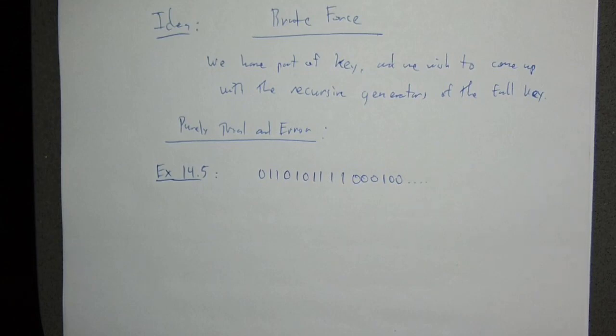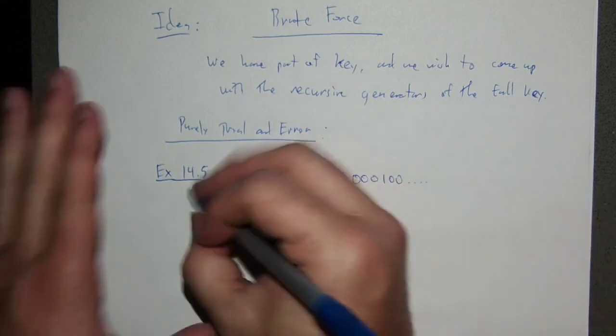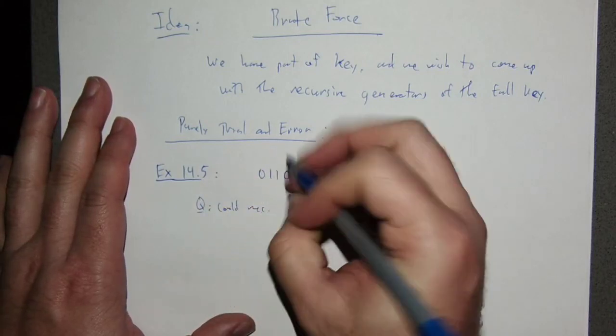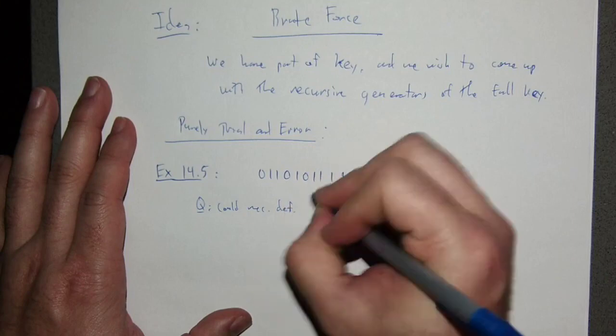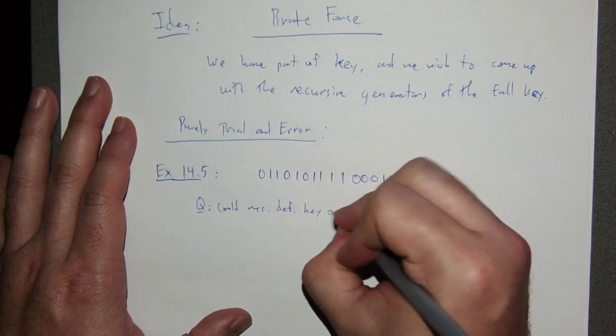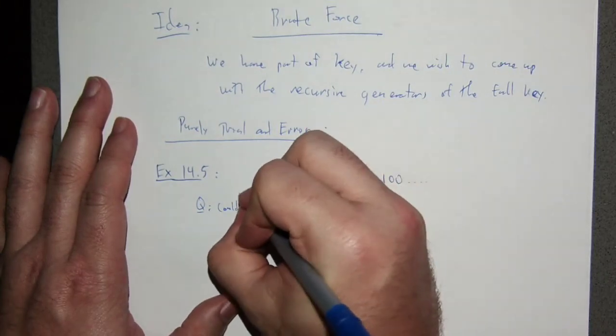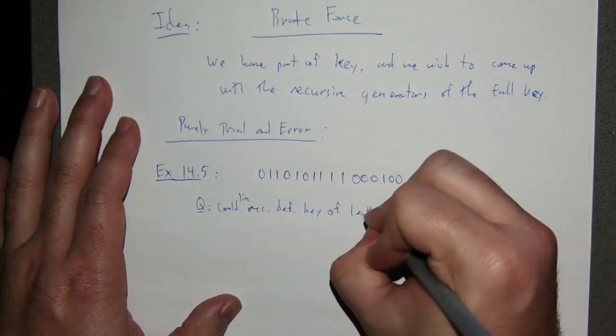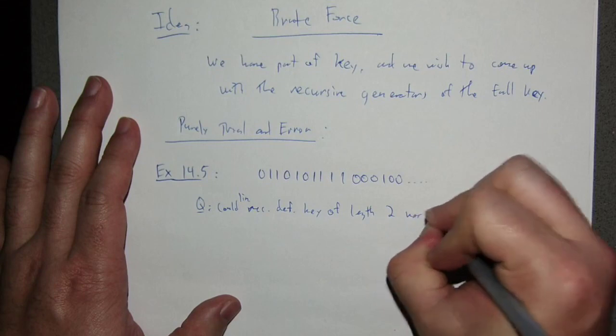Then the way that this goes is you proceed by asking progressively as follows. Question: could a linearly recursively defined key of length 2 work?